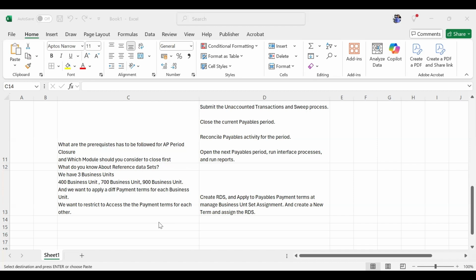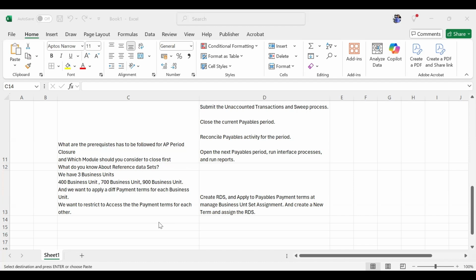Do you get my point? We have a different set of suppliers in our organization. For each supplier, we have some mutual agreements with them, and each supplier will have different payment terms, different conditions, interest rates, everything, and duration also.